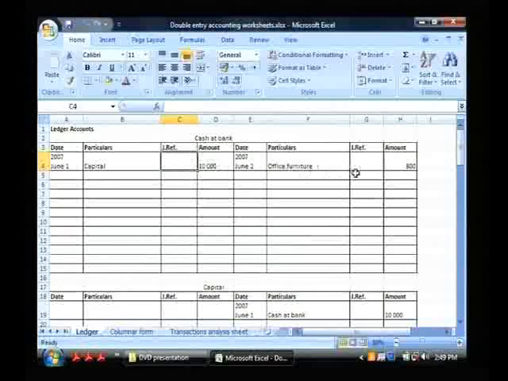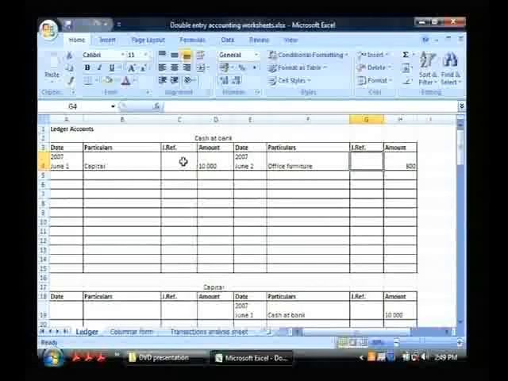Leave this column, the journal reference column, for future lessons. At this stage I don't want to make it complicated, so leave this one for future lessons.